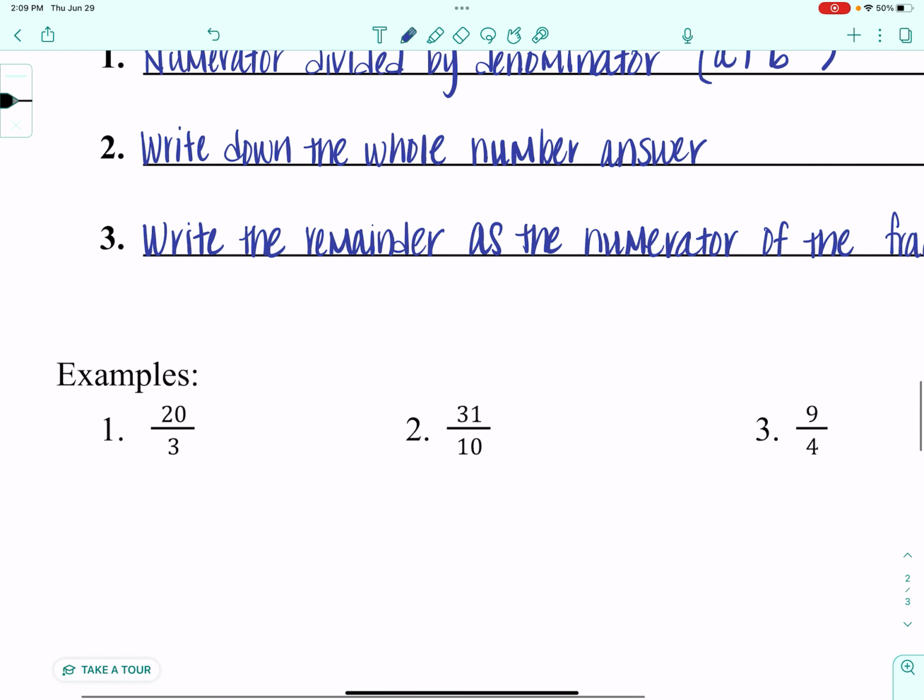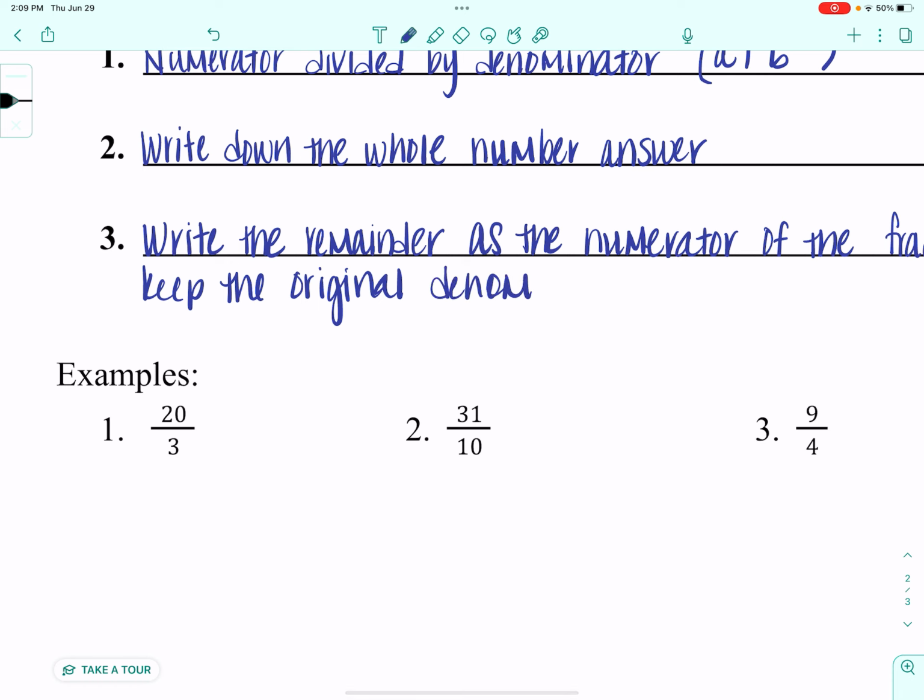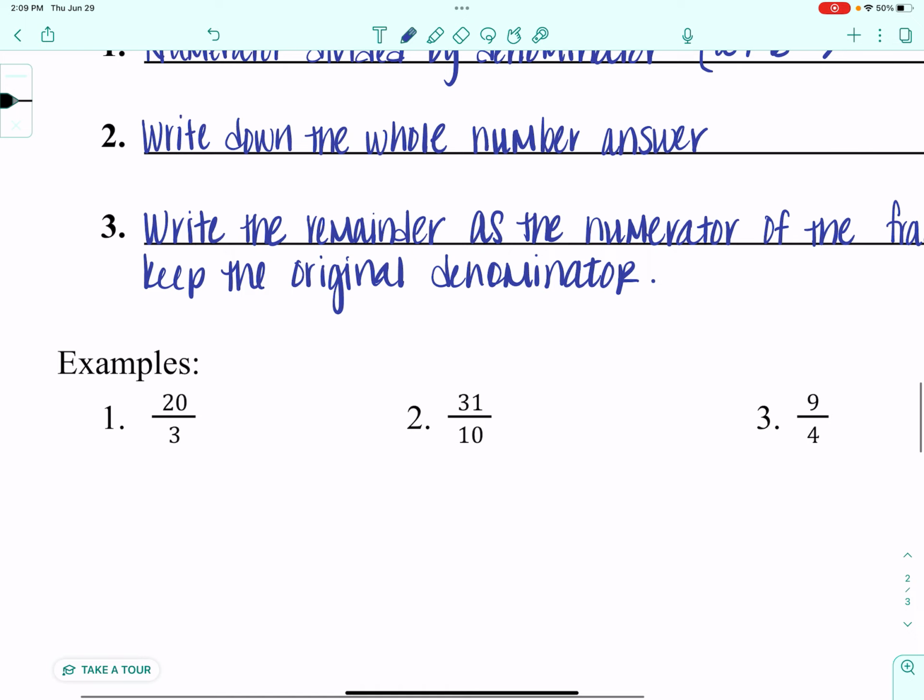We're going to keep the original denominator. And that's a lot. So we're going to do it together.